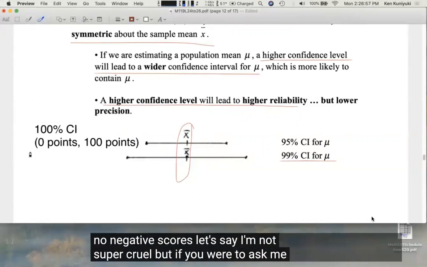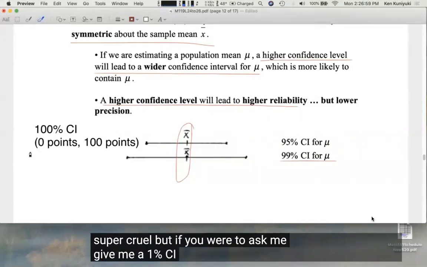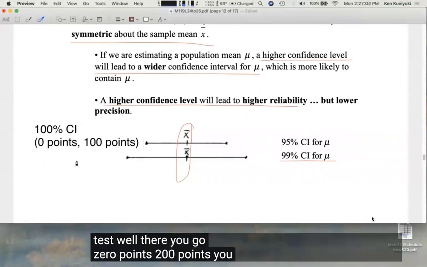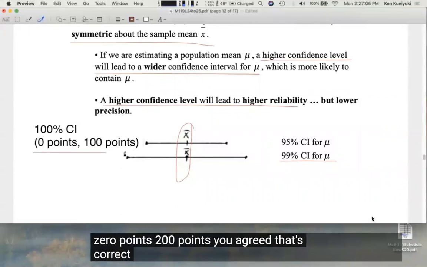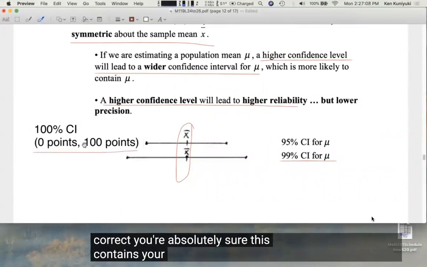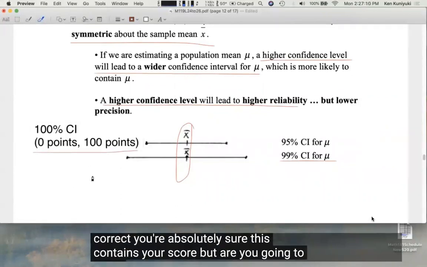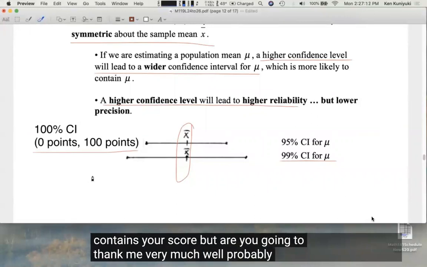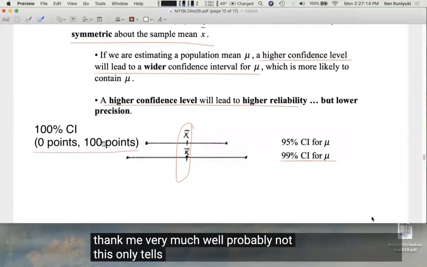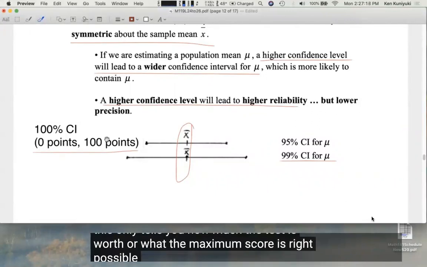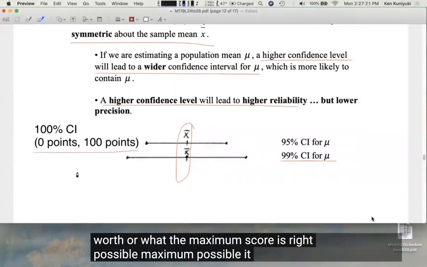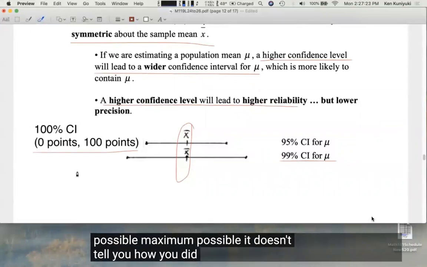But if you were to ask me, give me a 100% CI for how I scored on the test. Well, there you go, 0 points to 100 points. You agree that's correct. You're absolutely sure this contains your score, but are you going to thank me very much? Well, probably not. This only tells you how much the test is worth, what the maximum score is, right? Maximum possible.